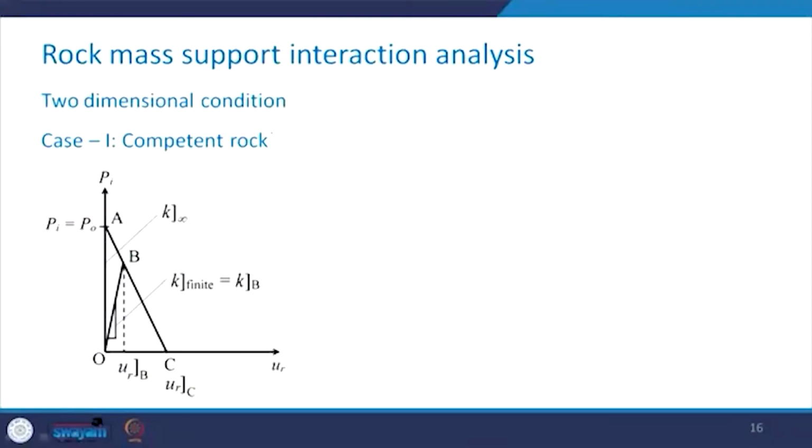So, we take case 1, which is related to the competent rock. When I say competent rock, what does that mean? That its behavior will be elastic. Now, this Pi is going to be the radial support pressure.